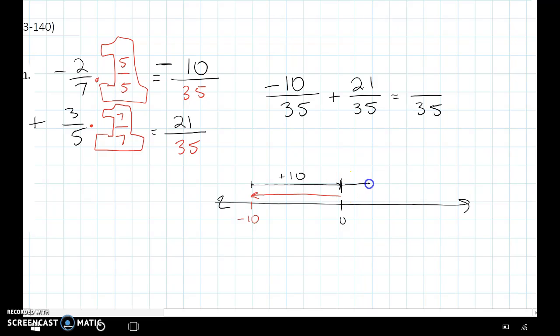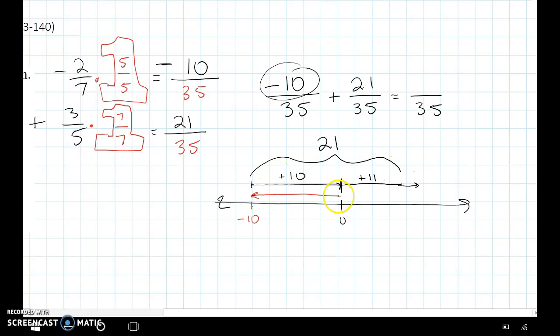And how many more will he have to go to jump 21 total? He's already jumped 10. He needs to go 11 more. That would make 21. So if he went to the left to negative 10, and then jumped to the right 21 times, I did it in steps.